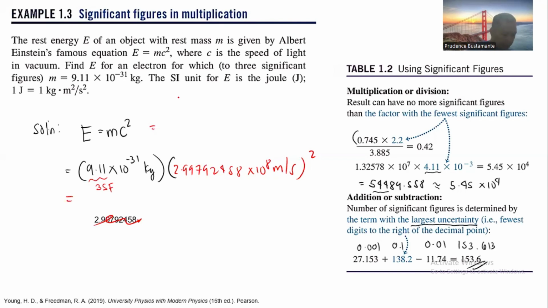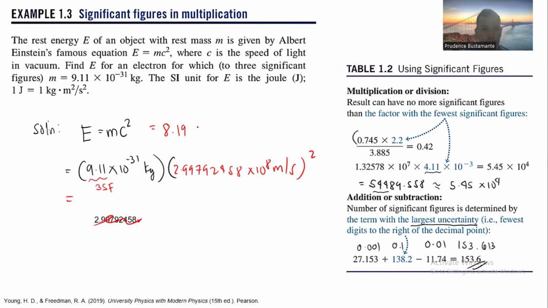So do the calculation, times 2.999 times 10 to the 8, squared. So we have, in three significant figures, 8.19.